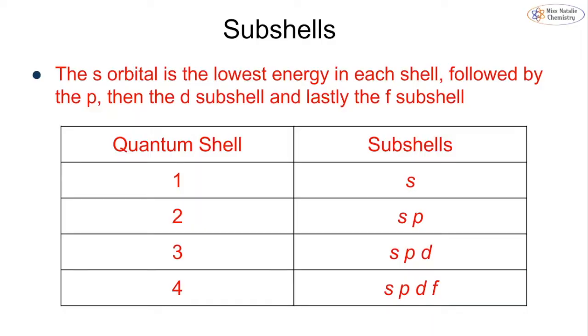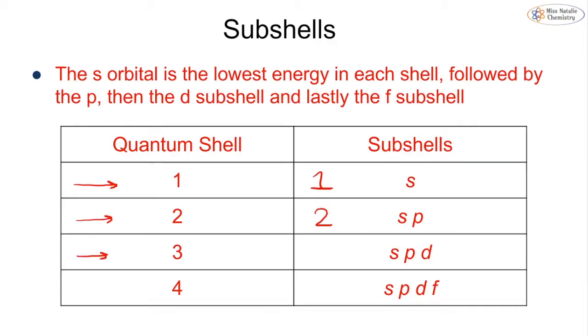So the 4 subshells that can exist are known as the S, the P, the D, and the F subshells. Now the S orbital is the lowest energy in each shell, followed by the P, then D, and then F. And you can see that when we have the first quantum shell, or the first energy level, we only contain 1 subshell, which is the S. When we have the second quantum shell, we can contain 2 because it's slightly larger.